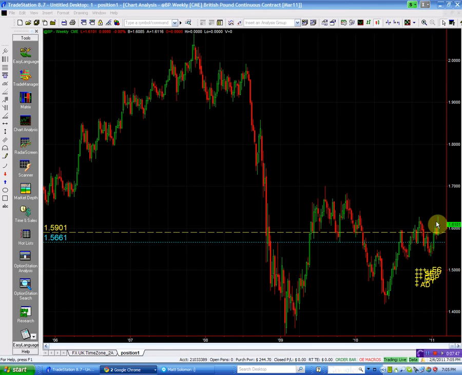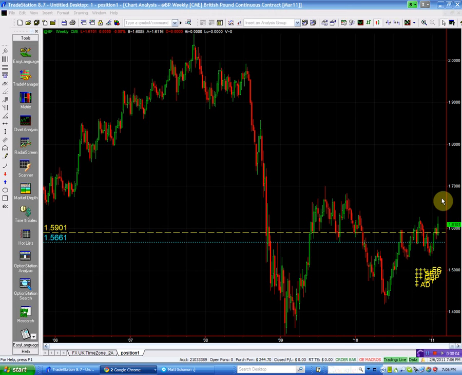Again, we do not have any sell signal as of yet on the British pound, so the British pound is reasonably strong, and we should be looking at the pound as one of the currencies on our buy list.